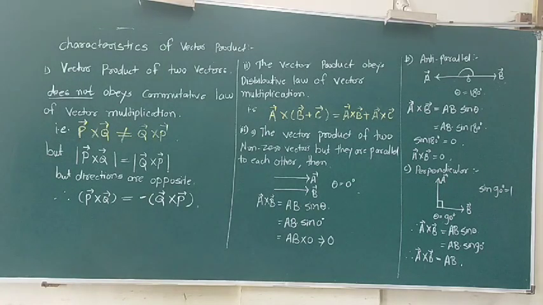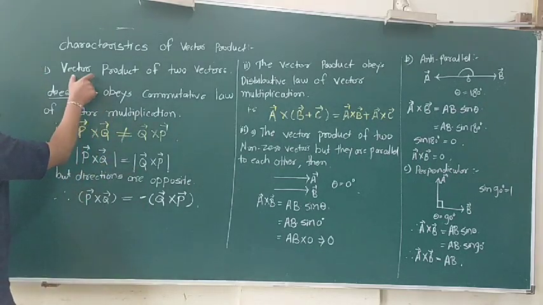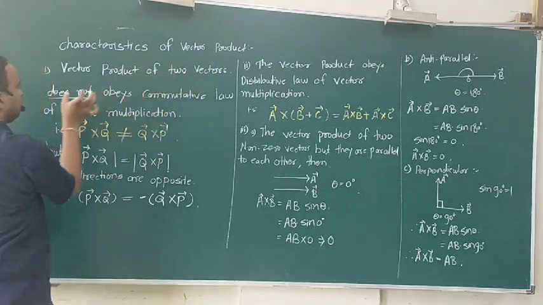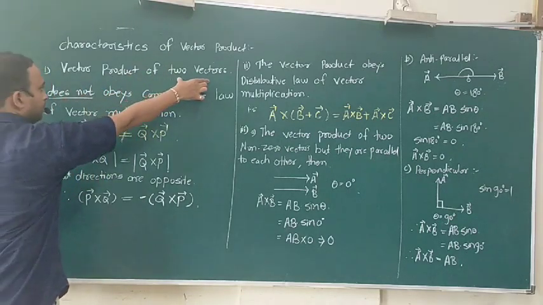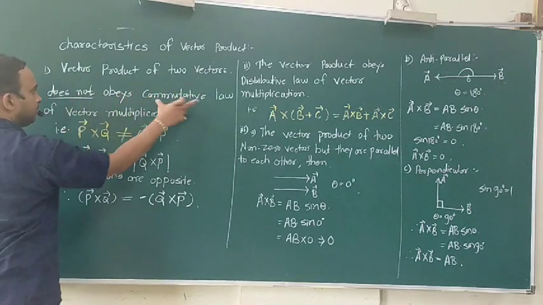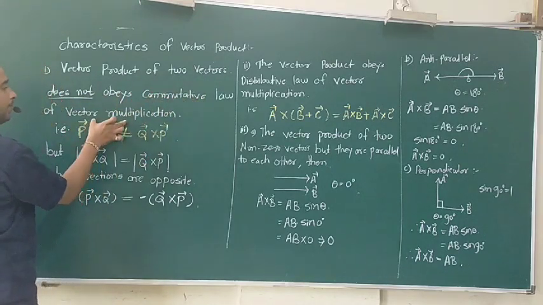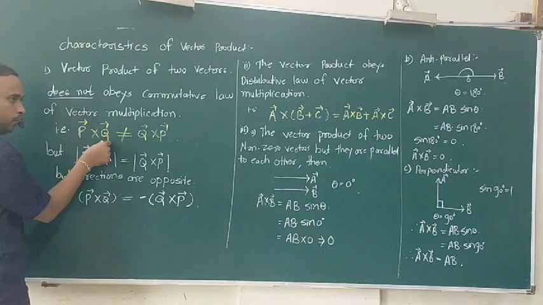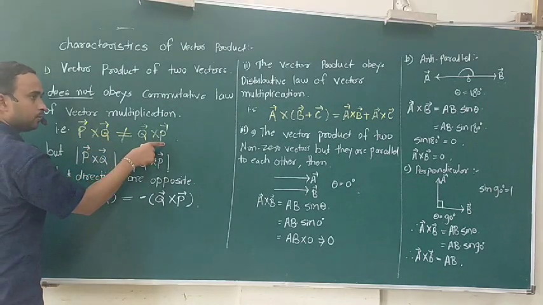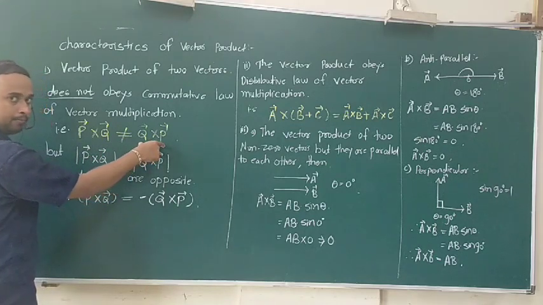Now see here, I will revise all this. The first property of vector product is that the vector product of two vectors does not obey commutative law of vector multiplication. That is, p bar cross q bar is not equal to q bar cross p bar.